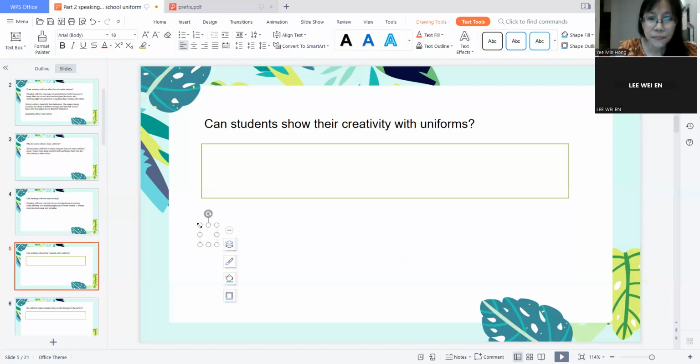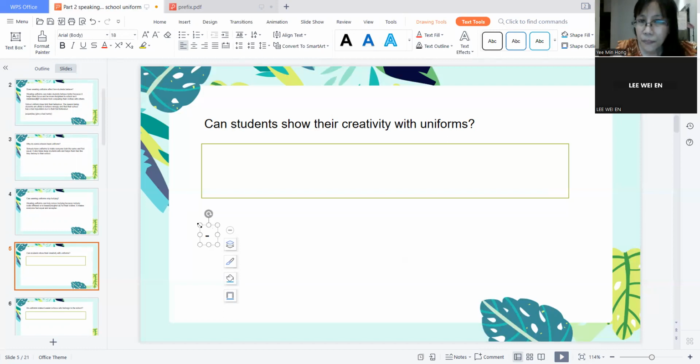I think students can show their creativity with uniforms. This is because I think school uniforms are not a way to block their creativity, as student creativity does not depend on school uniform.